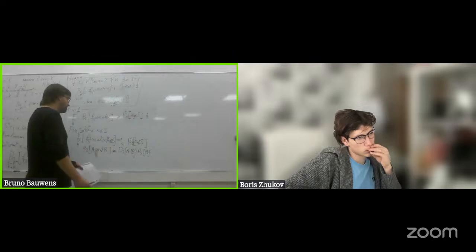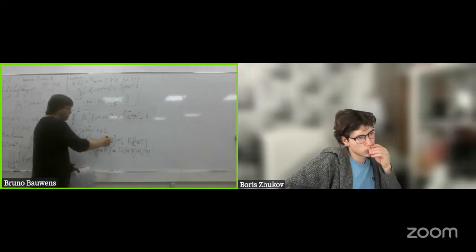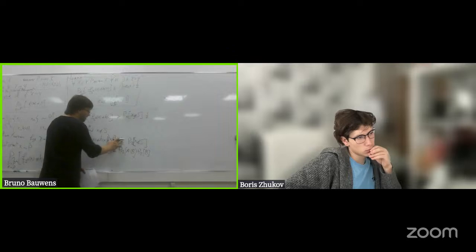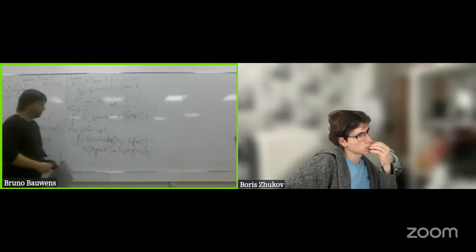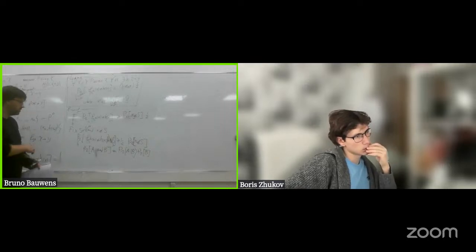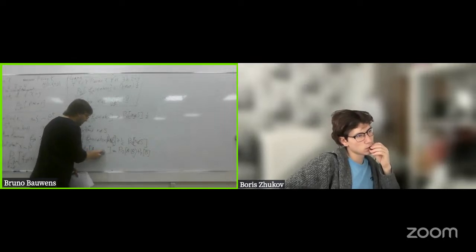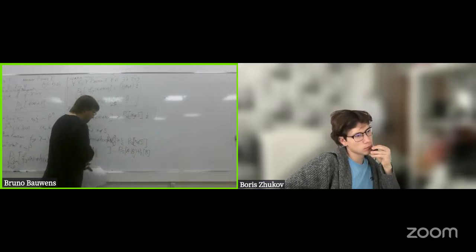Okay, and so it means that if we drop this condition here, then the probability can only increase. I'm just using that the probability of A is bigger than the probability of the conjunction, it is very logical.